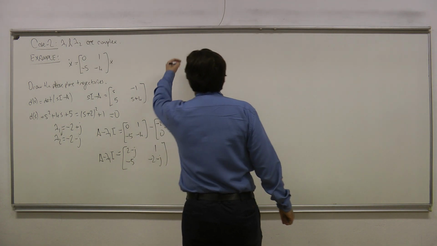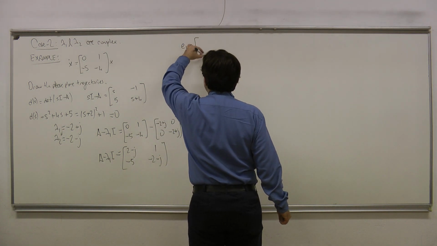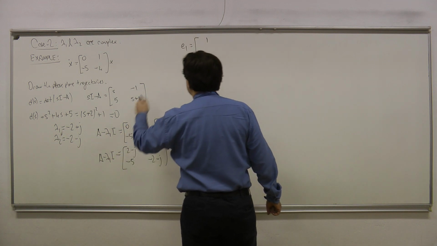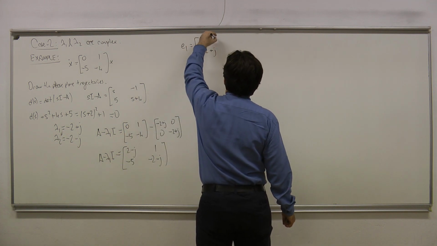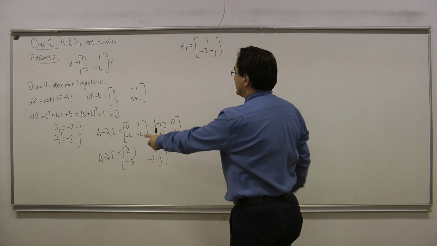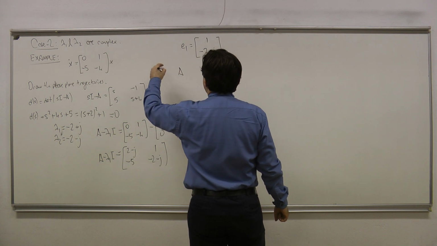So I can make up a vector here. E1 can be, for example, 1 and the negative of this value, -2 plus j. When I multiply E1 with that matrix, let us see what we get.